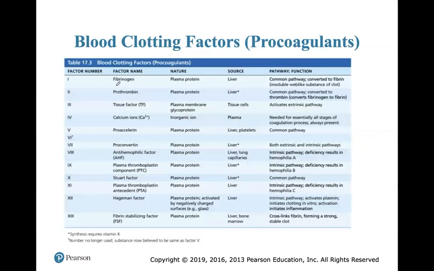The first one is fibrinogen, which we just spoke about. Other than that, there is prothrombin, tissue factor, and calcium, which is also important. You should know these three names for sure: prothrombin, fibrinogen, and calcium. That's how the clotting will happen.